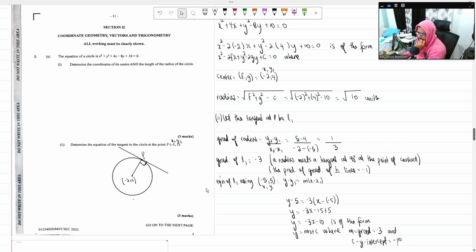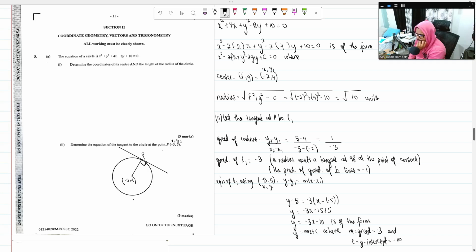x2 take away x1. Okay, I made one slight mistake here, so let me fix it. In this here, I put x2 to be minus 2. x2 minus x1 is going to be minus 5 minus minus 2, which will give me minus 3.